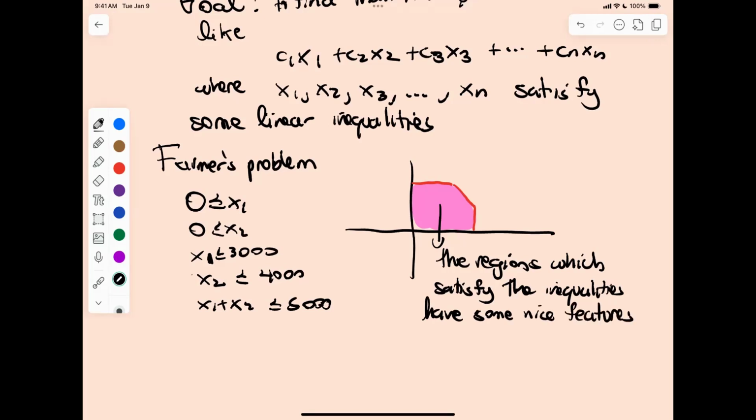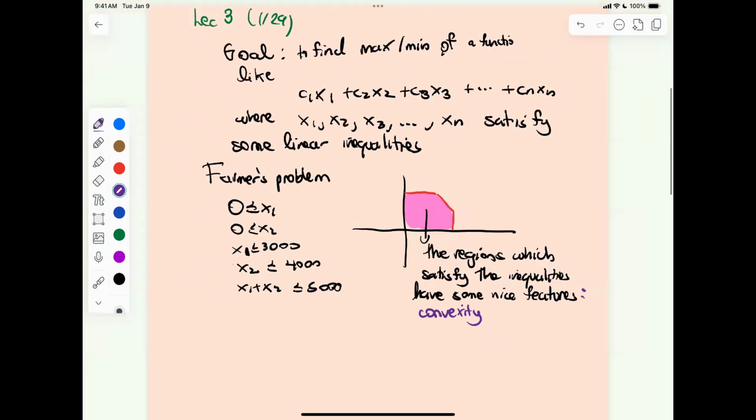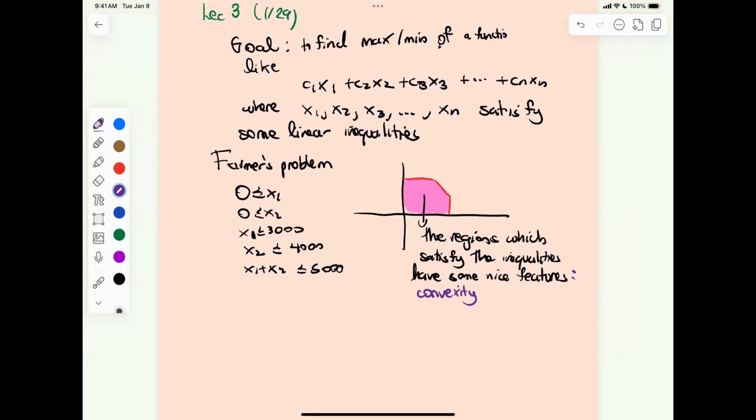The nice feature is called convexity. Let me tell you what convexity means, because it's probably a word most of you haven't heard before, but in mathematics, convexity is one of the best things you could have. It's a very convenient thing to possess.